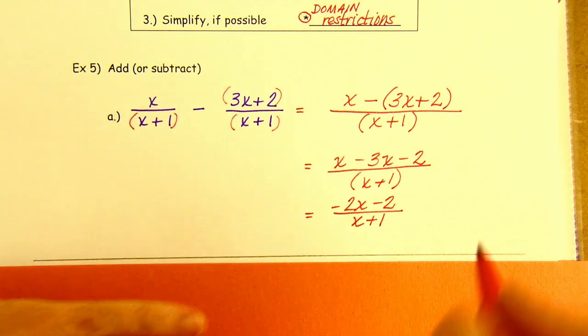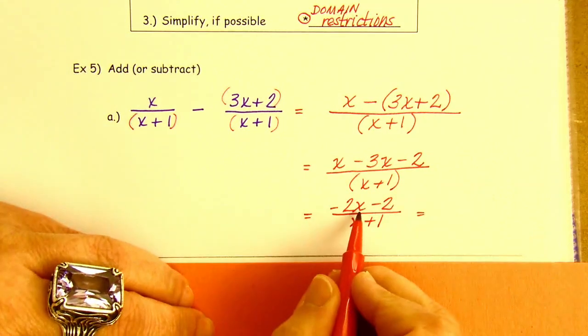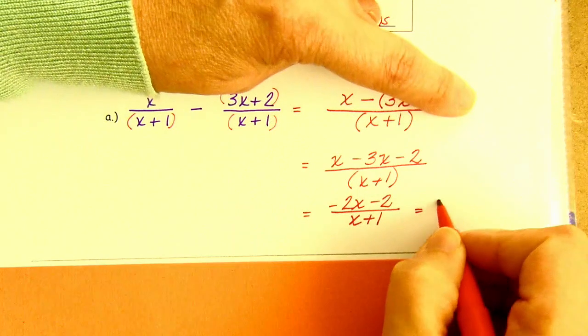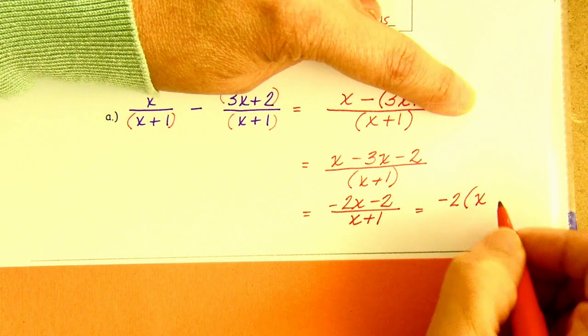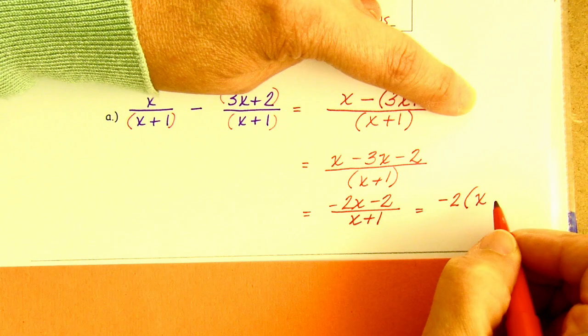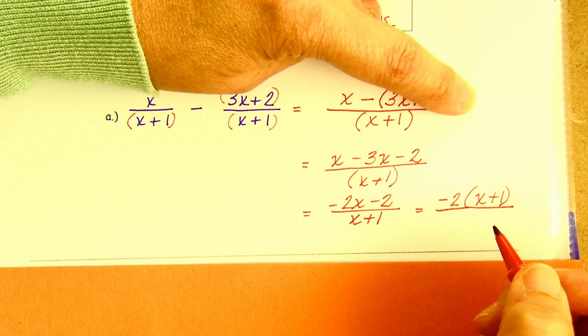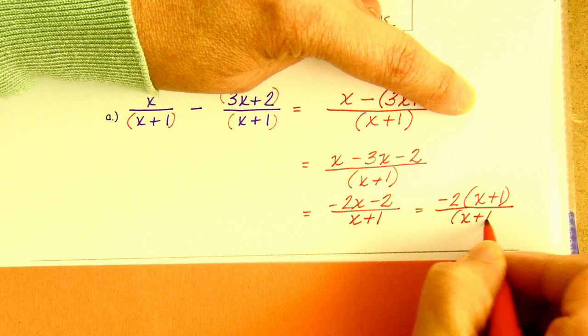So we're going to factor out a negative 2. Remember, we said whenever there's a leading negative, we're going to take that out. So negative 2 multiplied with the quantity x plus 1, all divided by x plus 1, which also is a quantity.